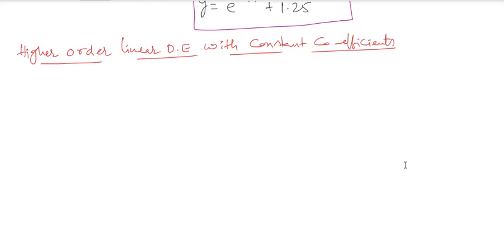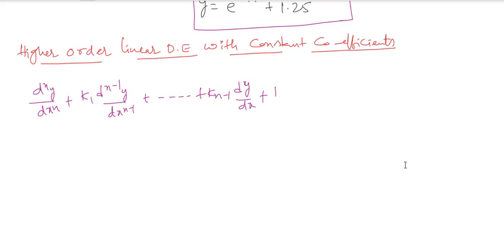So generally, the higher order linear differential equations will be in the form of d power n y by dx power n plus k1 into d power n minus 1 y by dx power n minus 1 plus and so on, kn minus 1 dy by dx plus kn into y, which is equivalent to x.